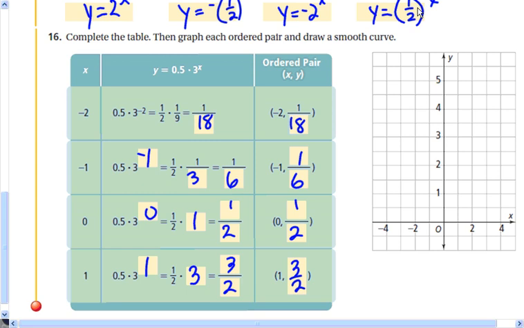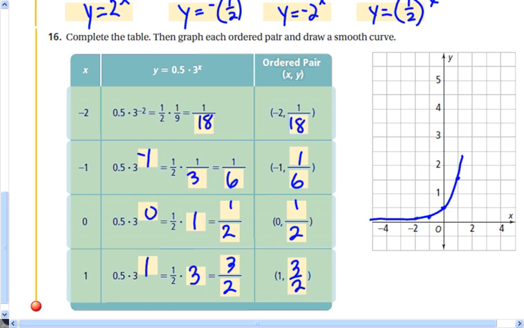Again, we have some really low values here, really close to the x-axis, 1/18, 1/6, 1/2, and then at 1, finally we're at 3/2, which is right there, so we can kind of see a curve going like that.